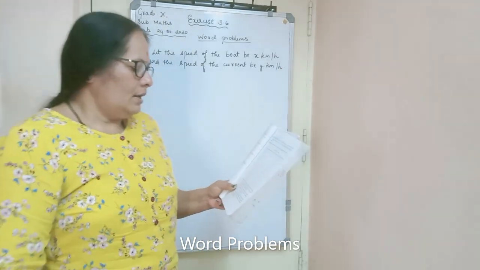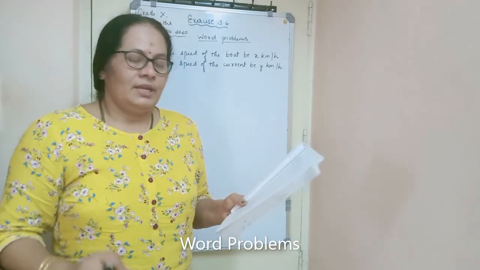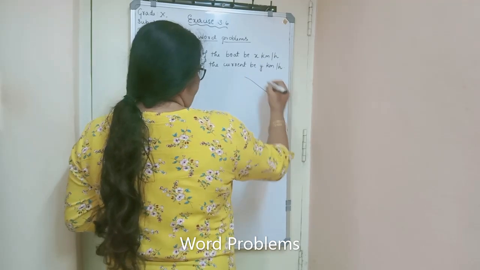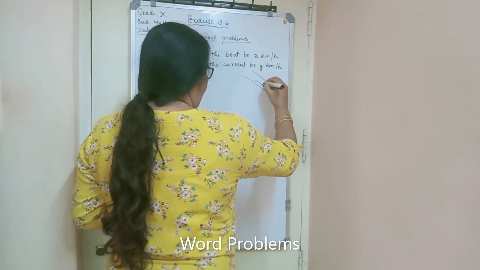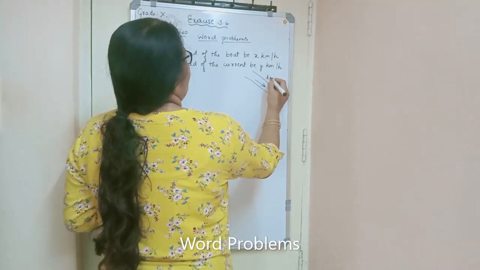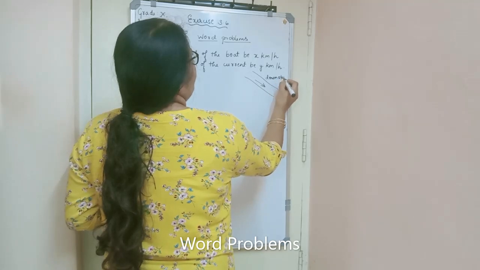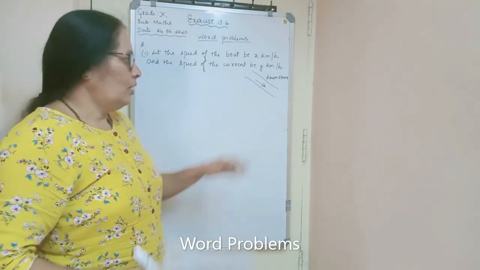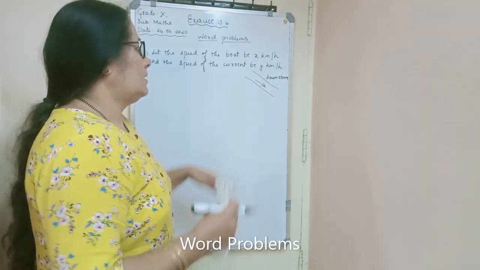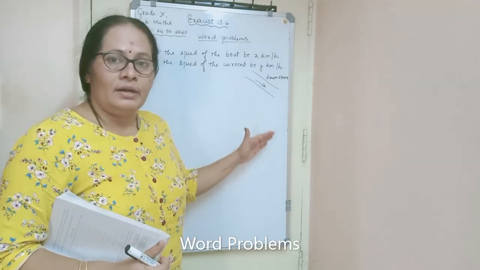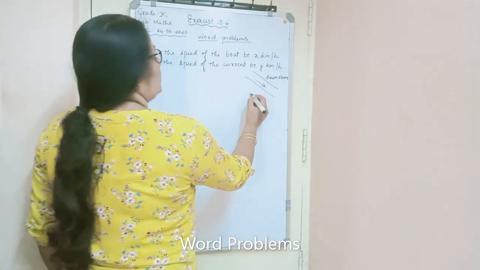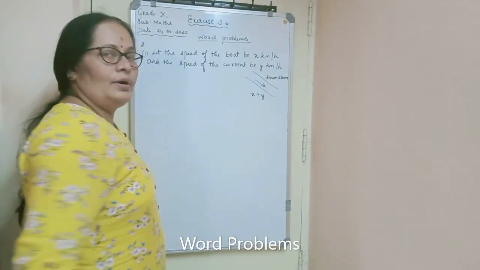Now here Ritu can row downstream 20 km in 2 hours. Downstream, here the boat is moving along with the speed of the water. So this is downstream. The speed of the water as well as the speed of the boat together will be x plus y for downstream.